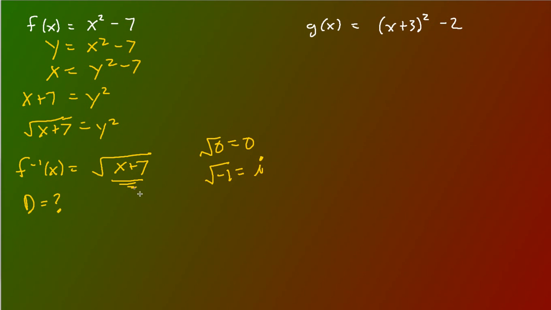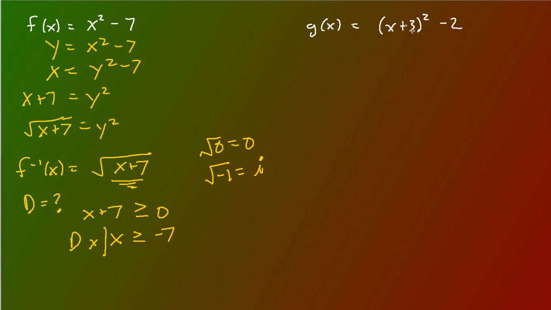That's i. So in general, if we're graphing these, we don't want the imaginaries. So what we're going to say is this x plus 7, I know that has to be bigger than 0, or at least equal to 0. So I know my domain is x such that x has to be bigger than or equal to negative 7.